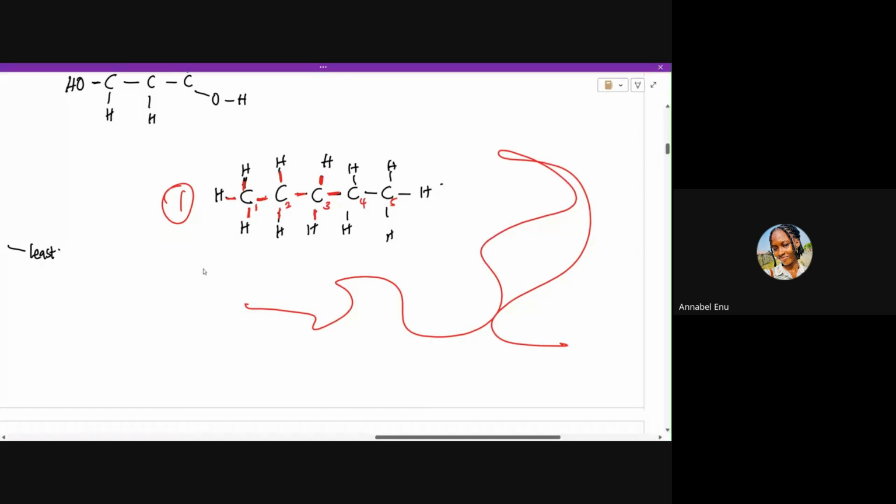The longest continuous can be just straight. The longest continuous can just be like this, provided it's longest continuous. I'm just exaggerating, by the way. Structures will not be this roughly drawn. But at the end of the day, it should be longest continuous.